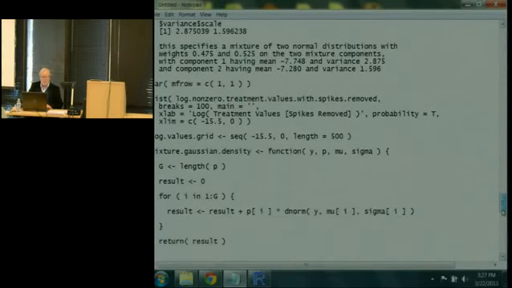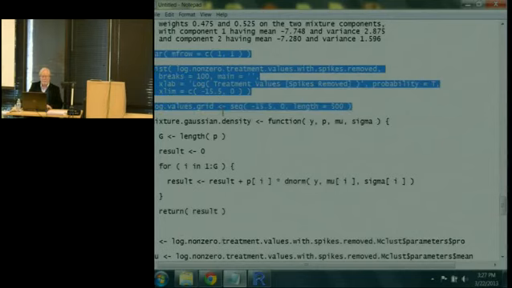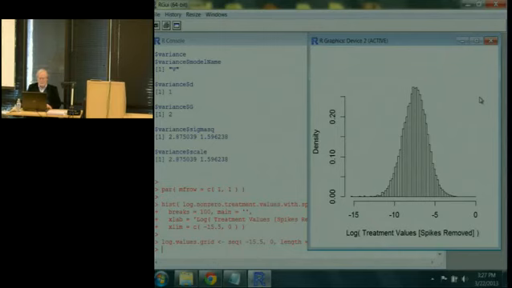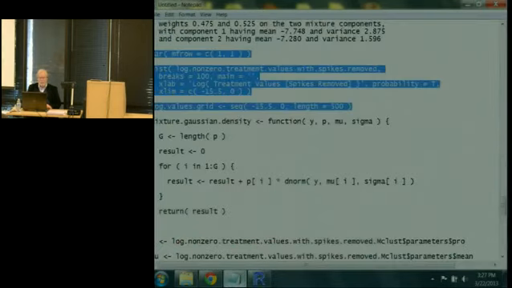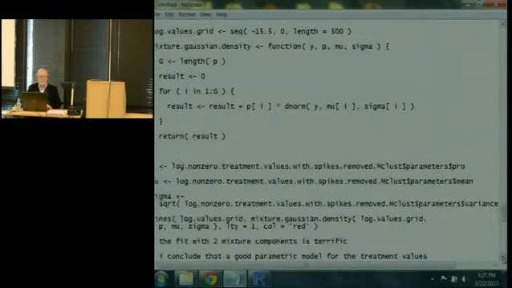So I wrote a little function. First, let's go ahead and get the data again, but this time on a little bit of a blown up version. So these are the log treatment values with the spikes removed, and now I ask it to make a histogram with only 100 histogram bars in it. So I wrote a little function that plots the density of a mixture of Gaussians.